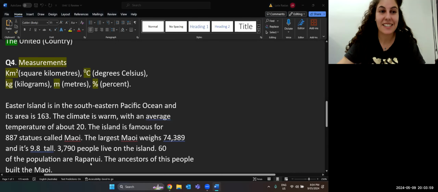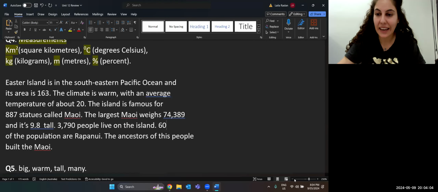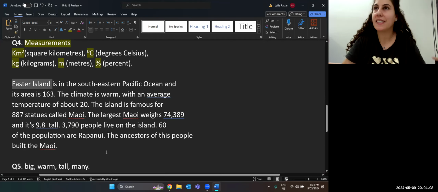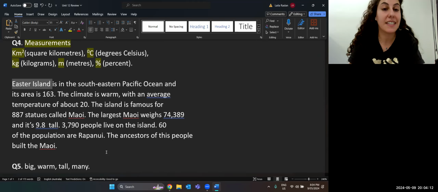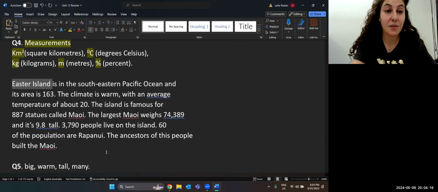Okay, so let's read this little paragraph about a place called Easter Island. And we want to use these measurements, okay? Because when you're talking about a place, usually you give details about it by talking about measurements. So Easter Island, if you want, you can repeat after me.